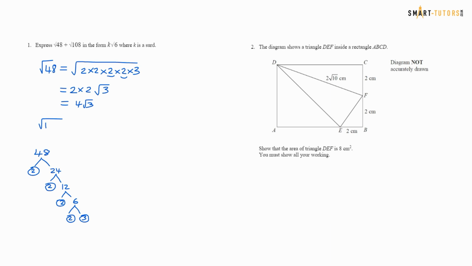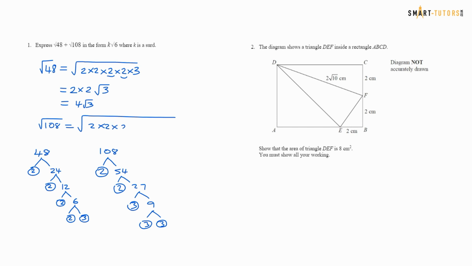Now square root of 108, we're going to do the same thing. So 108 can be simplified as 2 and 54, 2 and 27, and 3, 9, and 3 and 3. So now all these are prime factors. So I ended up with 2 2's and 3 3's.